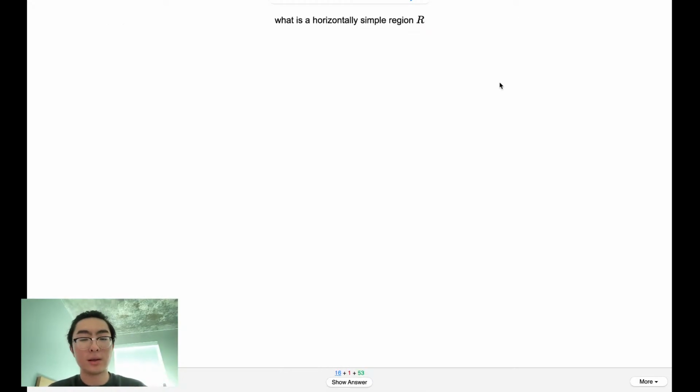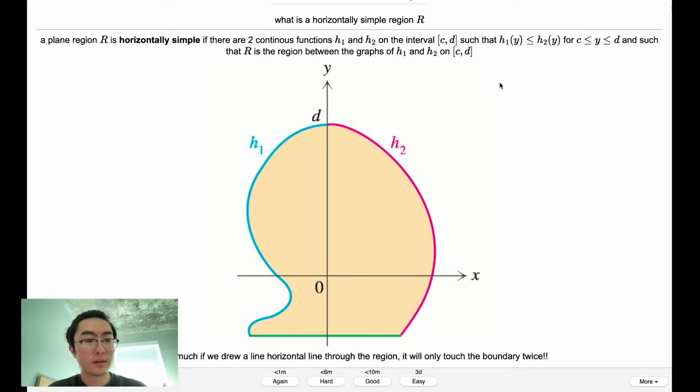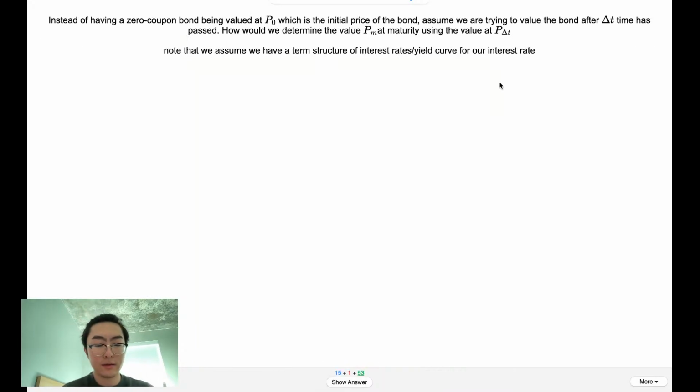Horizontally simple region, same thing as before, but we do this horizontal line. Instead of having a zero coupon bond being valued at P0, what is the initial price of the bond? Assume we're trying to value the bond after time delta t has passed. How would we determine the value PM at maturity using the value at P delta t?